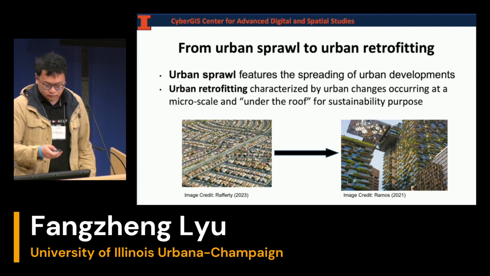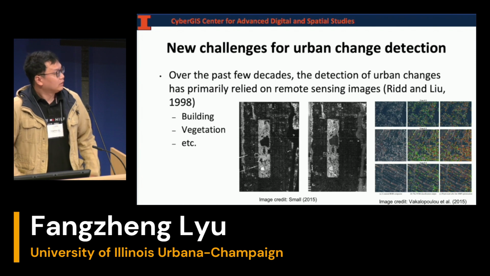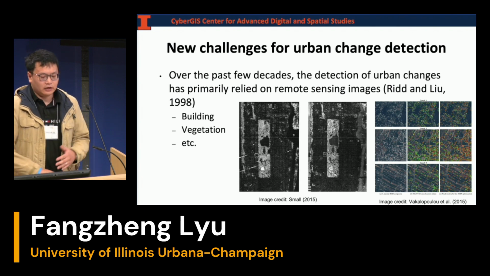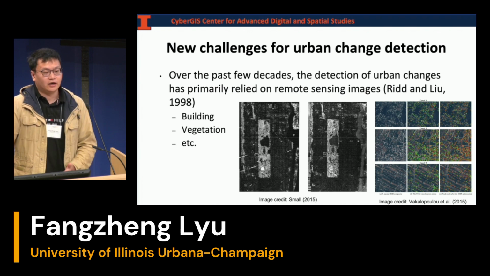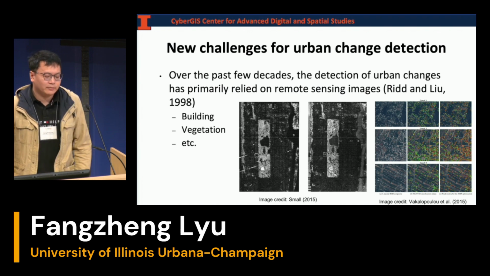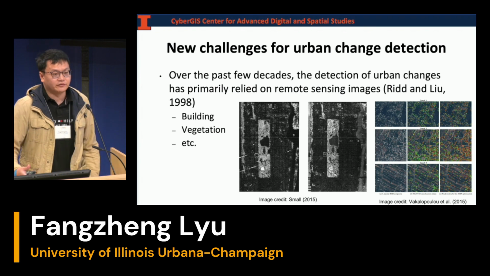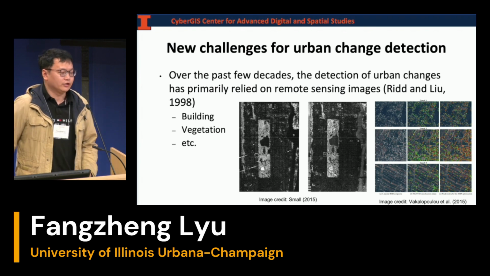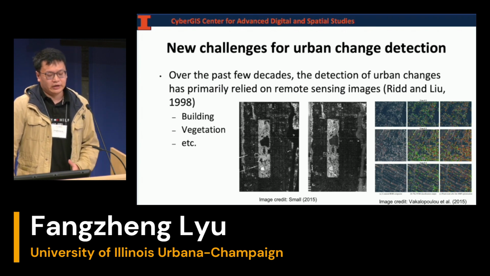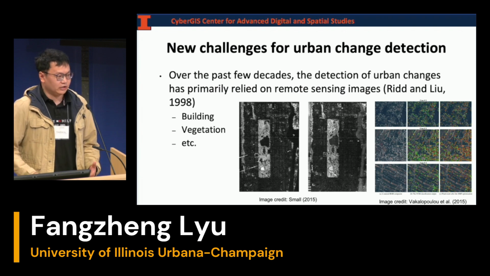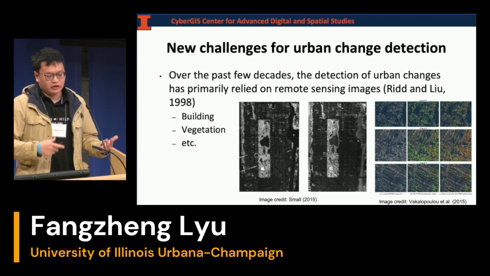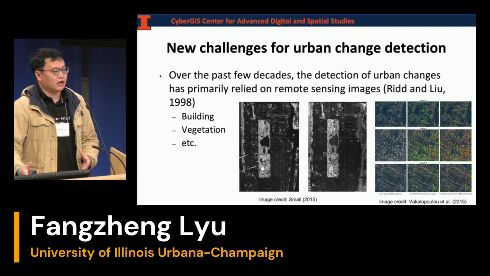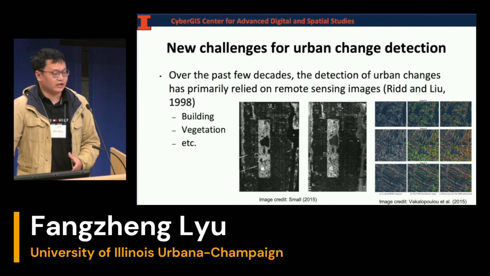Urban sprawl has traditionally been detected by remote sensing imagery. Over the past few decades, the detection of urban changes, especially urban sprawl, has primarily relied on remote sensing imagery, such as building changes, vegetation changes, water body changes, and land use land cover changes.